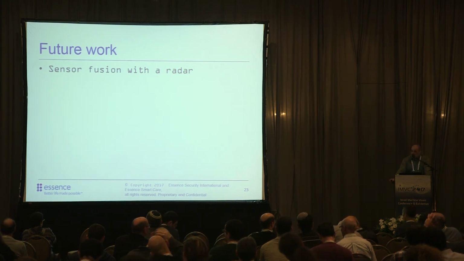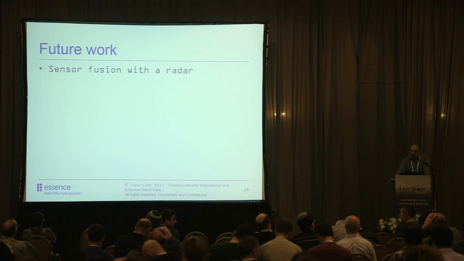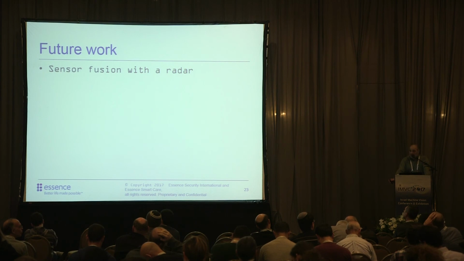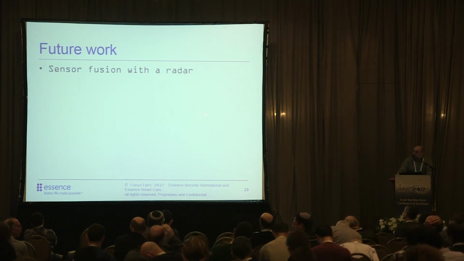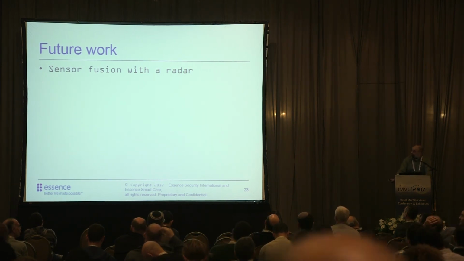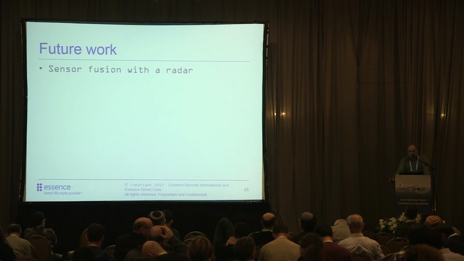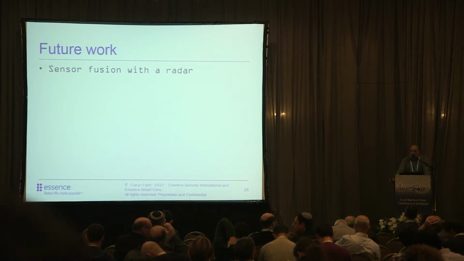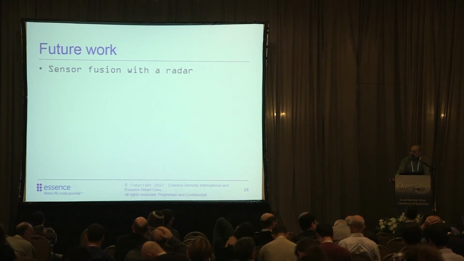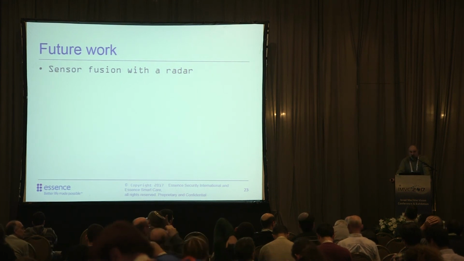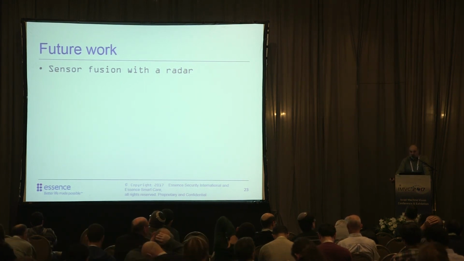So what we look at is multiple modalities for the problem of vital signs extraction, or remote vital signs extraction. And one of the modalities that we are working with is sensor fusion of the camera with a radar. A radar is actually a very nice tool for this, to track these kinds of minute movements of the body.